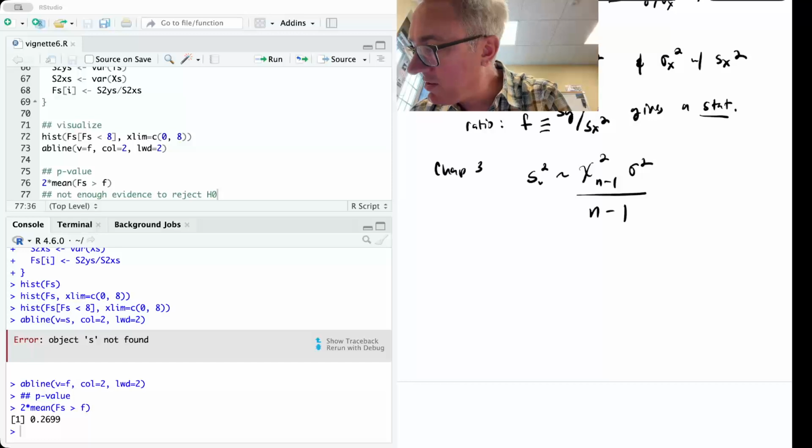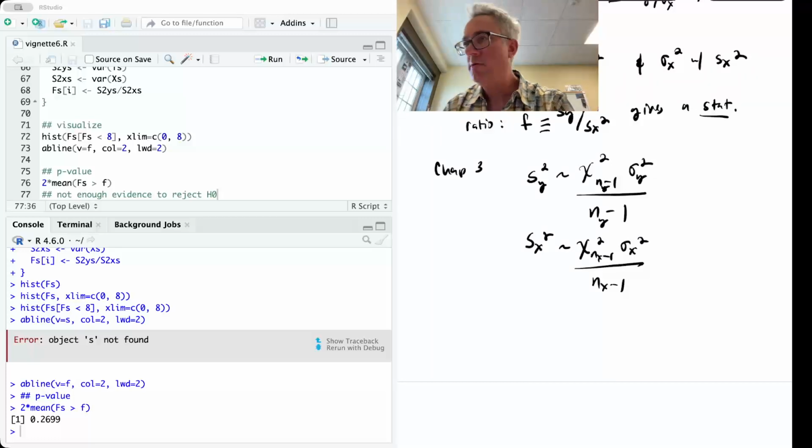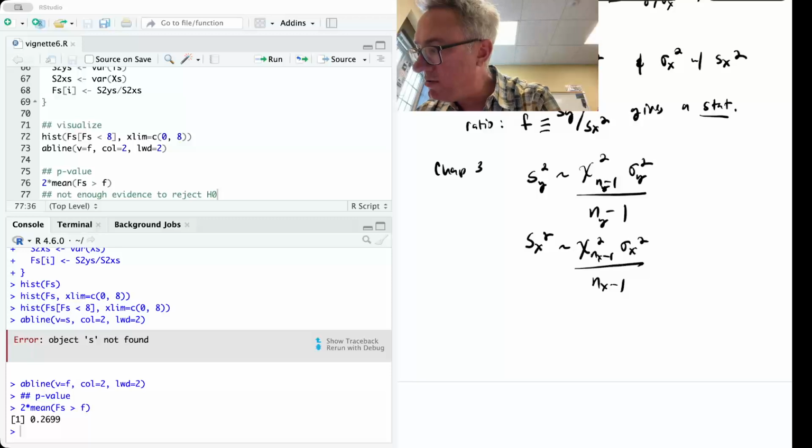So we can just write that for y's, and also for x's, right? And we can use that these two things are equal.